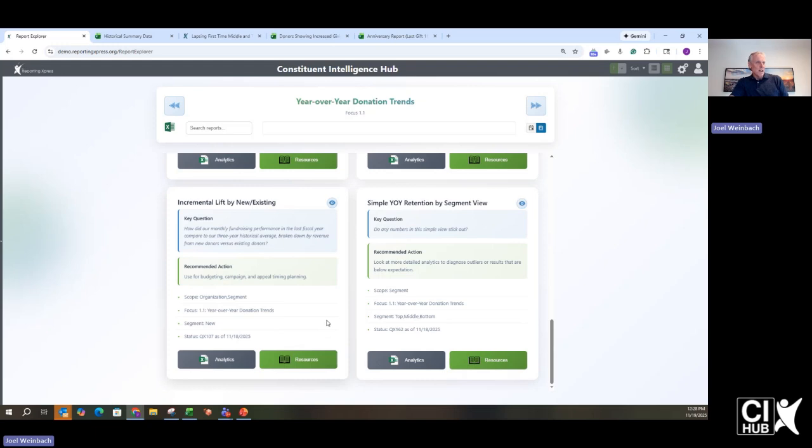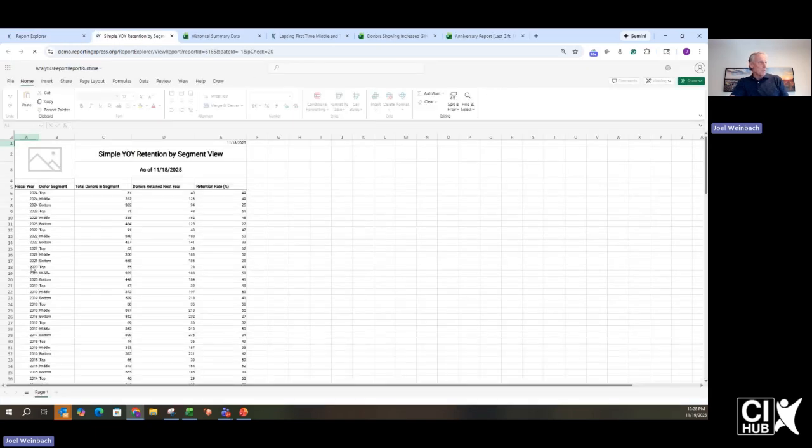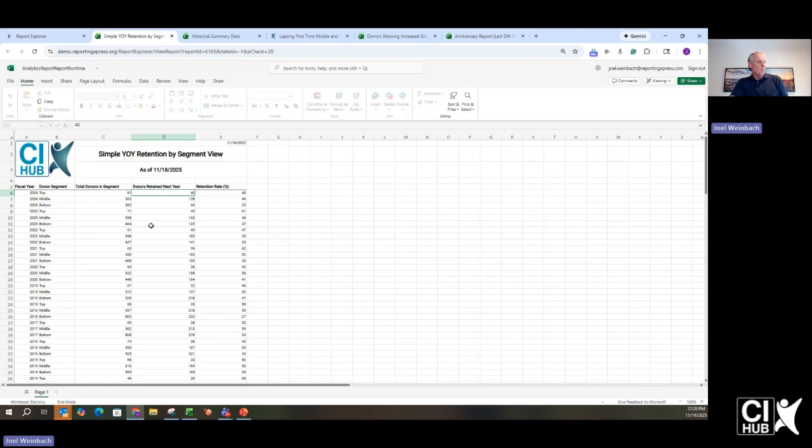Let's see what else is in here. Year-over-year retention by segment, an interesting one. So my top segment in 2024, I had 81 donors, 40 of them retained. In the middle segment, I had 262, 128 retained. This is Excel, so I can easily just throw a filter on here.